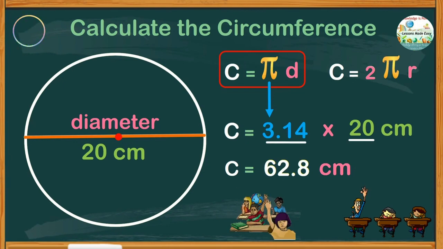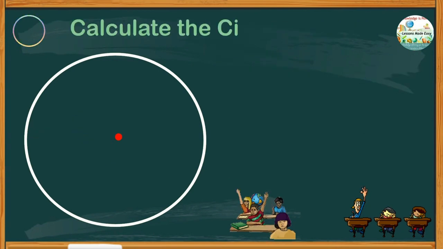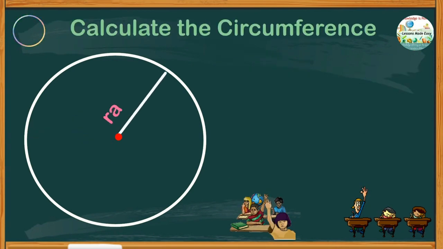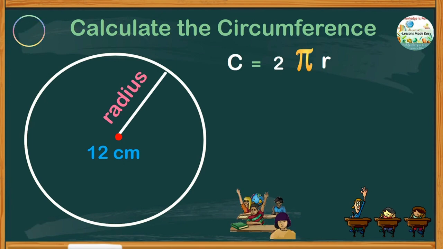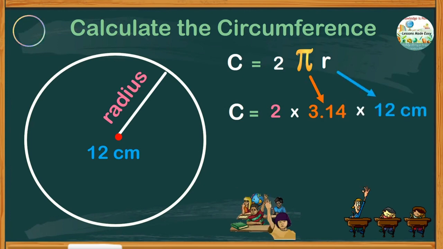Alright then, let's proceed. How do you calculate the circumference when the given measurement is a radius of 12 centimeters? Given the radius, we can use the formula circumference equals 2 pi r. Just substitute the values. We have C equals 2 times the value of pi, which is 3.14, times the given radius of 12 cm.